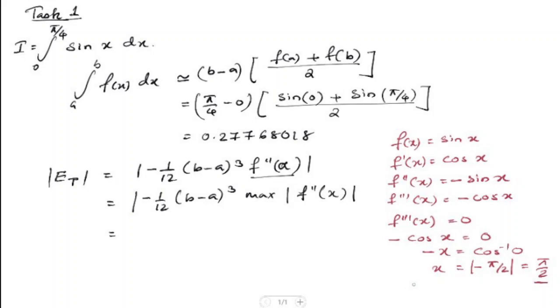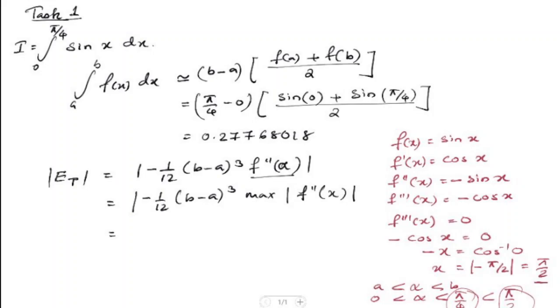You know that alpha is in the interval a to b. Our interval is 0 to pi over 4, so alpha is supposed to be between 0 and pi over 4. But pi over 2 is a greater value than pi over 4, so we cannot have this as alpha because alpha is limited from 0 to pi over 4.